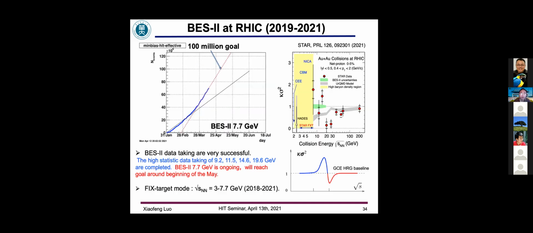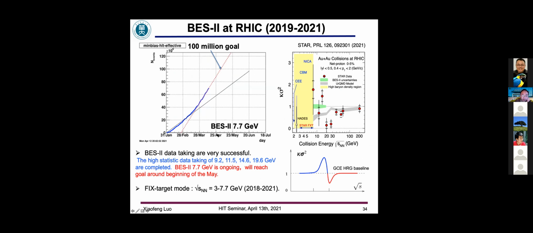In the second phase of the beam energy scan, we have completed the data taking from 9.6 GeV up to 19.6 GeV. Now 7.7 GeV data taking is ongoing.